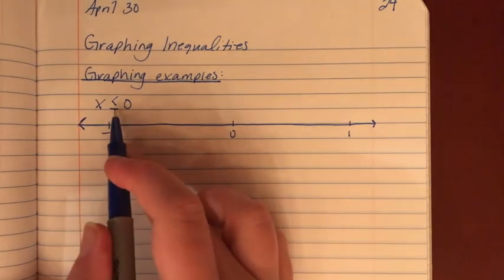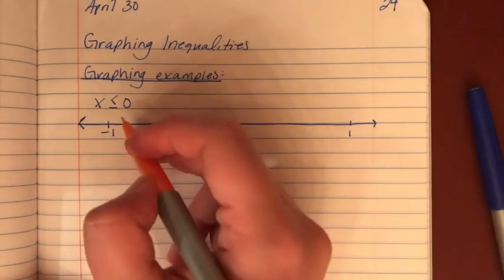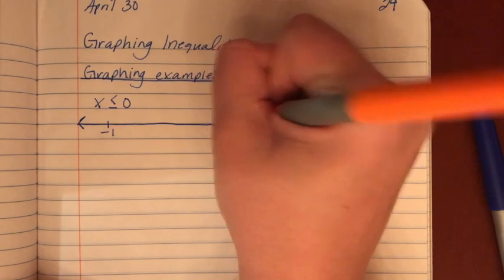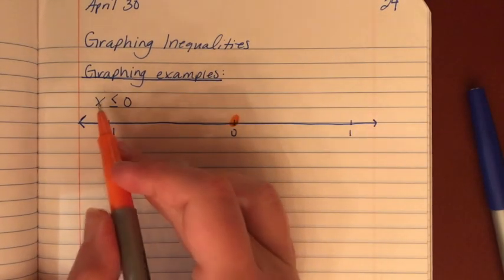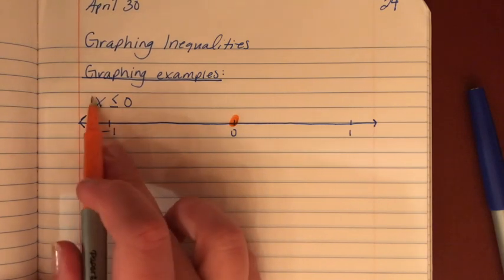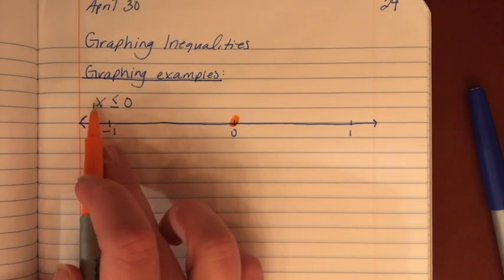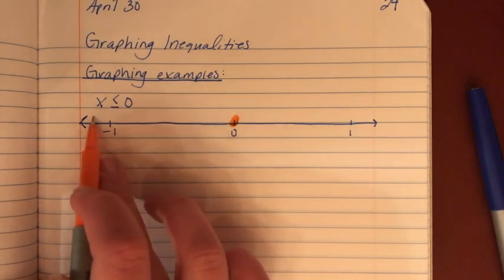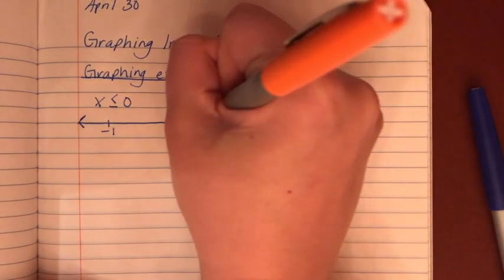So since it can be equal to, we're going to put a closed circle above the 0. And then it says, oh my goodness, I read this wrong. X is less than or equal to 0. Okay, so since x is less than or equal to 0, it's going to be a closed circle, and then we're going to go this direction. So we will go away from the positive. We will get more negative.